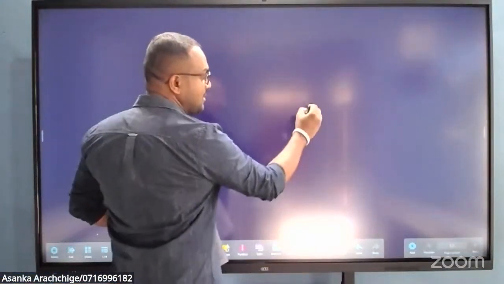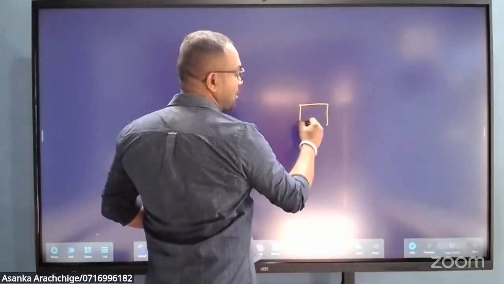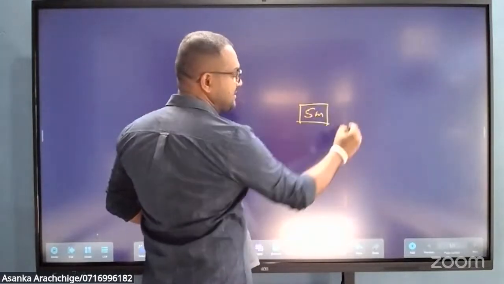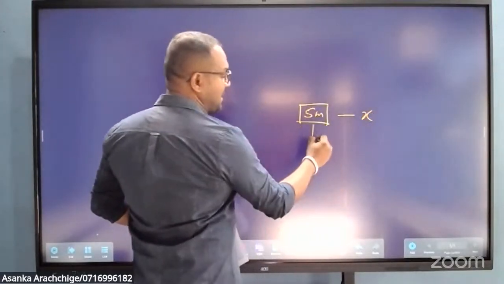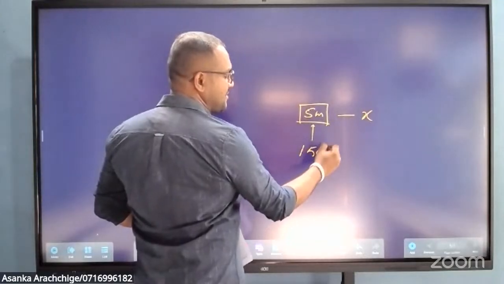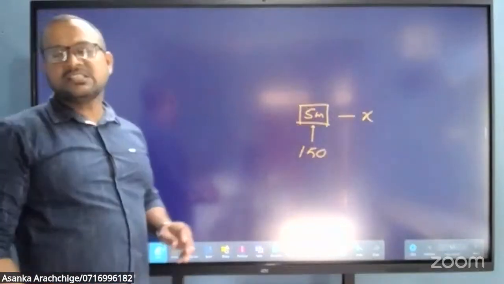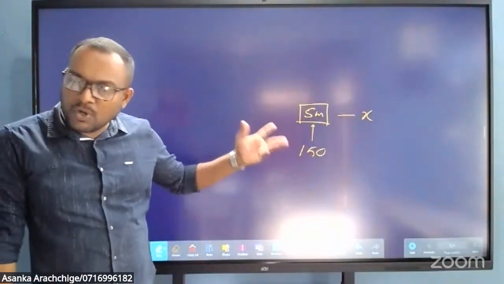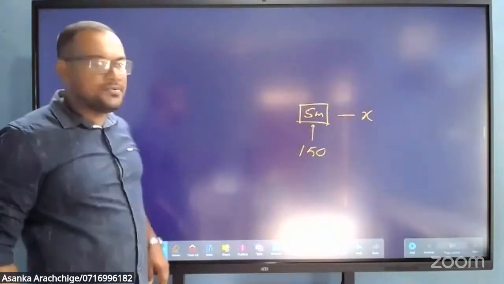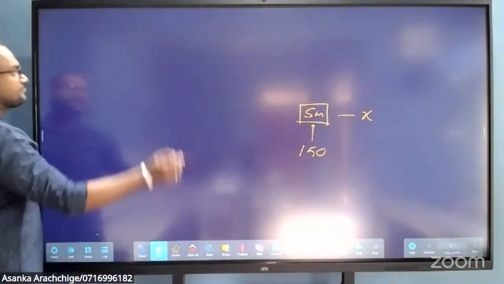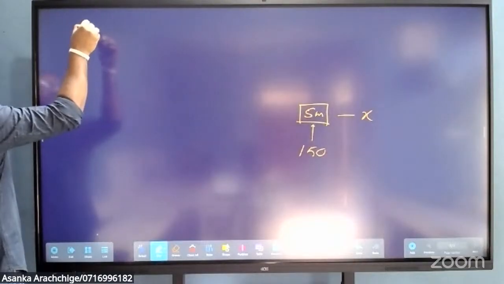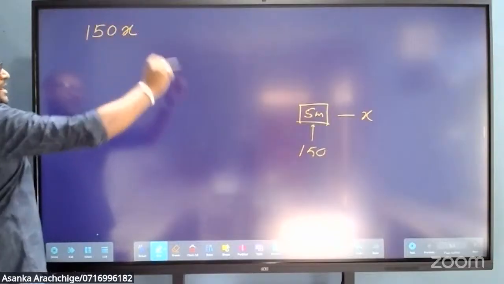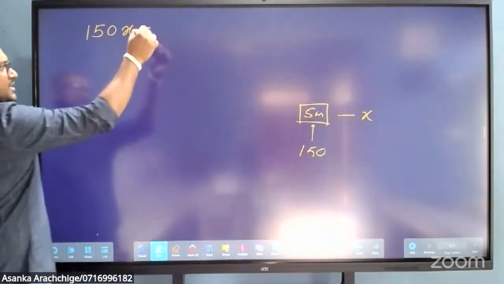If the number of packs of small plates is x and the price of one pack is 150 rupees, what is the total cost of small packs? 150x. පොඩි plate pack එකක් 150යි. ඒ වගේ packs x ප්‍රමාණයක් නම් ගෙනාවේ මෙන්න total cost එක.